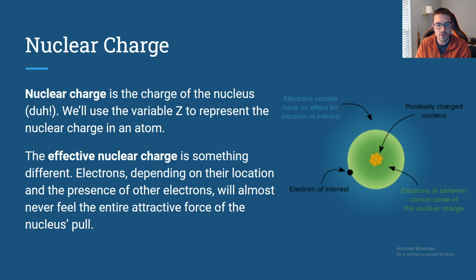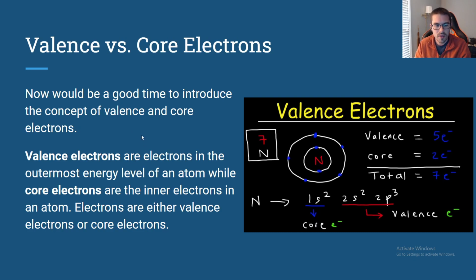In fact, after I record this video, I'm going to go back and rephrase this a little bit because this is not the best way to phrase this. You'll see a little further down the line how I actually want you to phrase this when we talk about effective nuclear charge. Let's also talk about the difference between valence and core electrons. We're going to come back to effective nuclear charge in just a second.